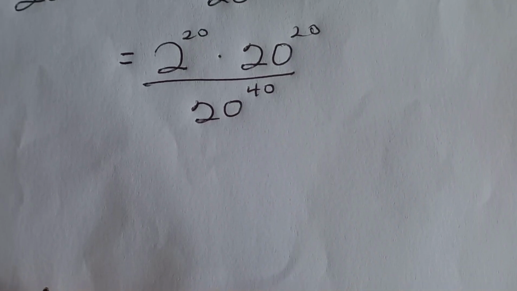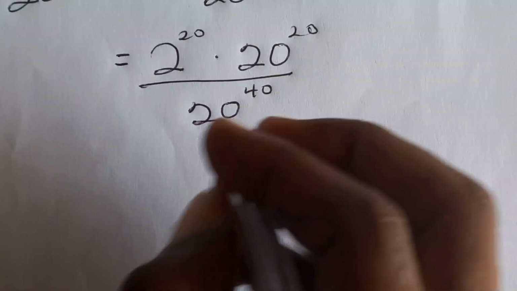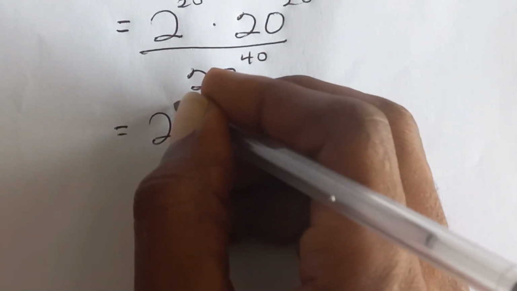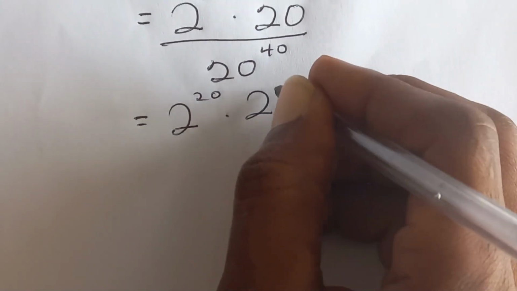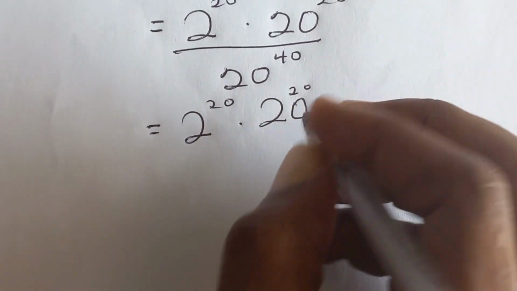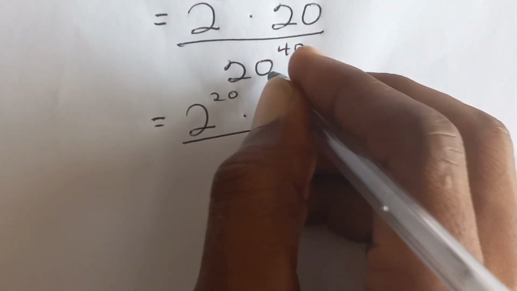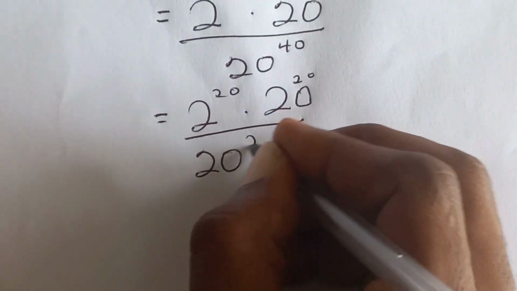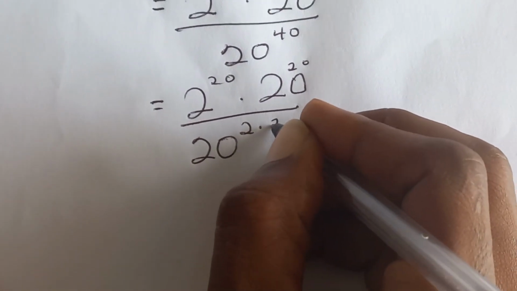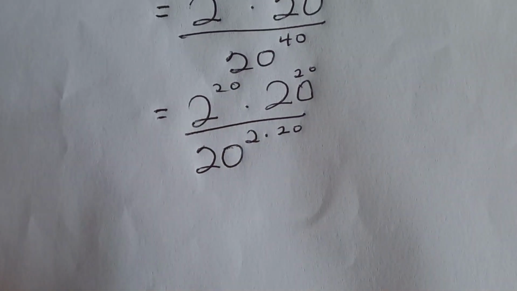Okay, so now you can also say that 2 exponent 20 multiplied by 20 exponent 20 on this, you can say that 20 exponent 2 times 20, which is the same as the 40.